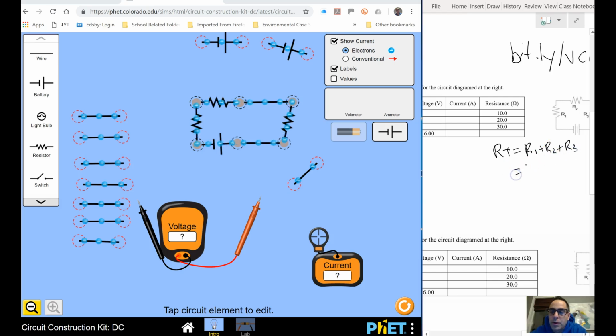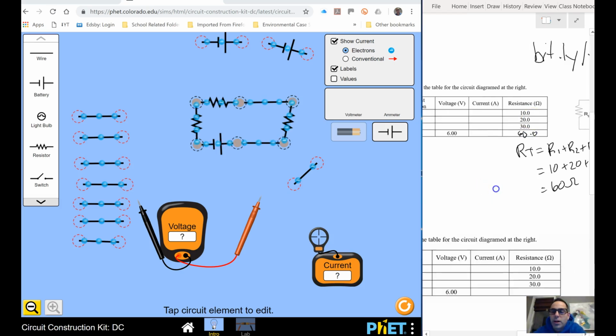So if I added up all my resistances, 10 ohms plus 20 ohms plus 30 ohms, I'm going to get 60 ohms, and that's what I should get. So I'm just going to put 60 in here, and we're going to check out the math later.